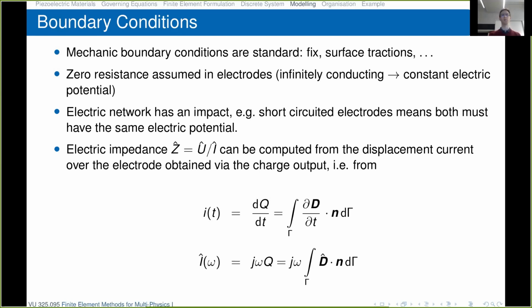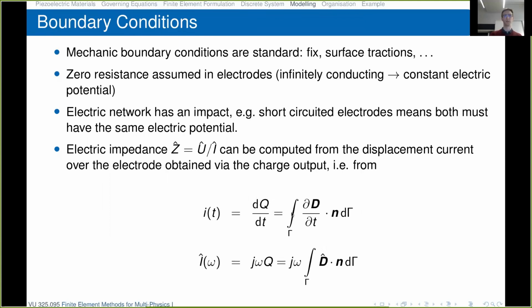It can be computed from the displacement current density over the electrode obtained via, for example, the charge output. So the charge output integrated over the surface gives you the surface charge. And we know that the current is the time derivative of the charge.